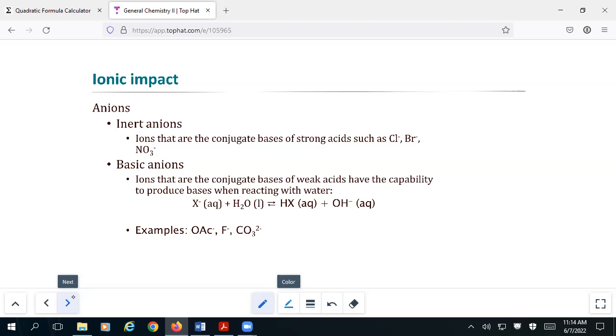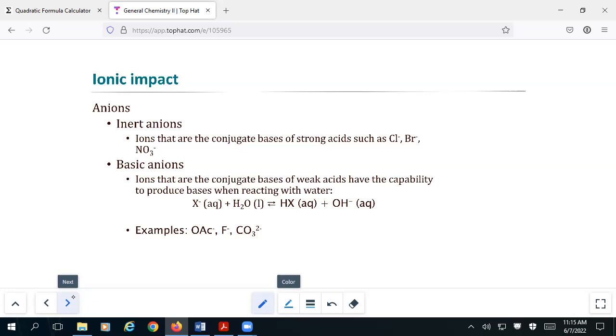And so when it comes to the ions themselves, what we'll see is that the anions are going to drive the basic character because the anions are the conjugate bases of whatever acid was used to make the salt. So if a salt is going to be basic, it's because of the action of the anions toward water.